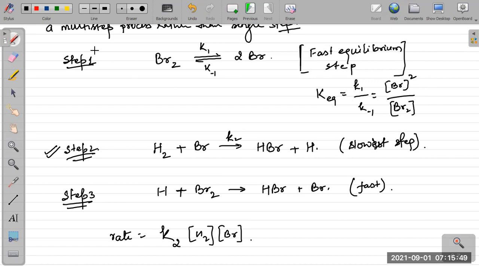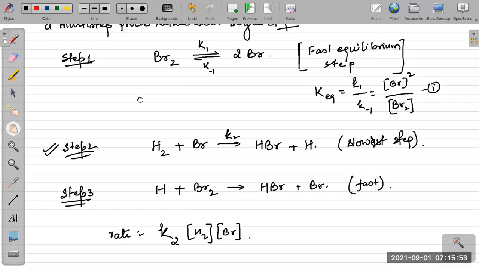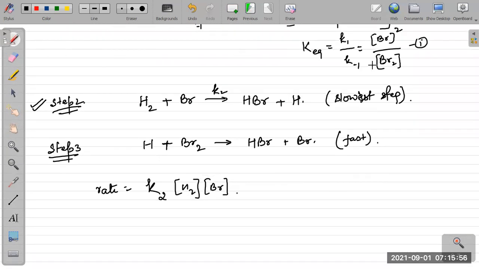That can be done with the help of equation number 1, which we have found out, the equilibrium thing. यहाँ पर Br is going to be equated to Br2 into K equilibrium raised to the power half. ठीक है. So K2 into K equilibrium into concentration of Br2 raised to the power of half.